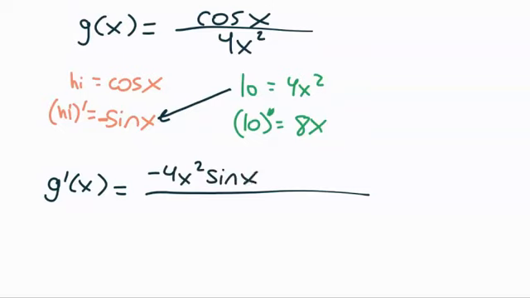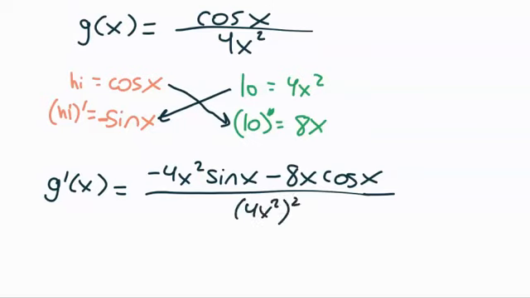And then minus 8x times cosine, so minus 8x cosine of x. All right, so low d high minus high d low, and then over the denominator squared. Be careful, it's 4x squared, so that means the 4 and the x squared, so 16x to the 4th. The denominator times itself.